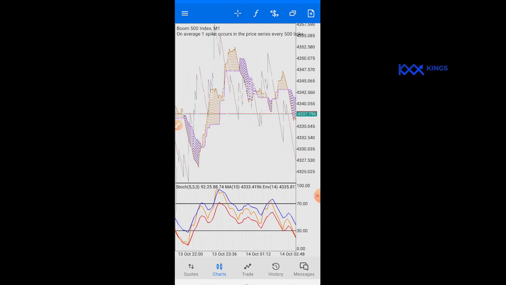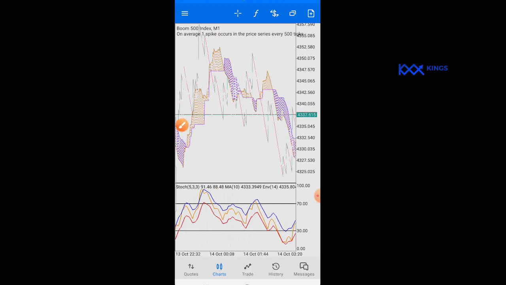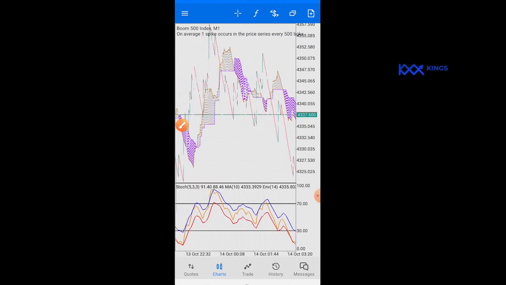Once the price crosses our indicator to the downside, at that cross is your entry. Remember the first thing is to make sure that in window one, all the indicators are in the overbought region, which is above level 70 or at level 70, which happened here.